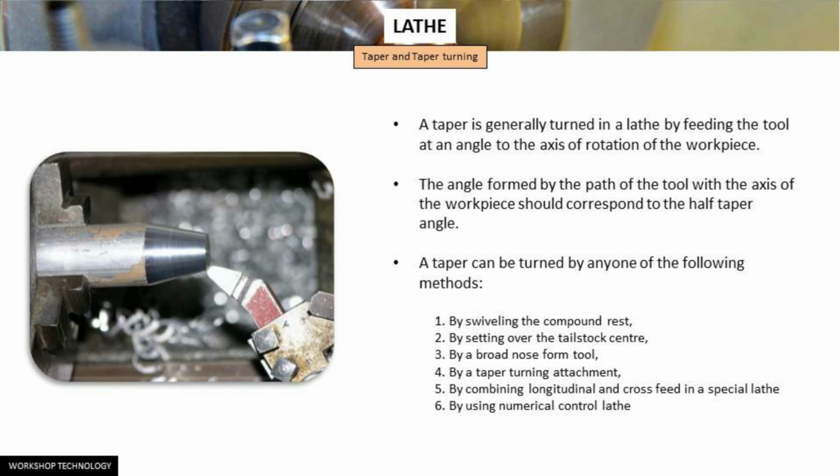Fifth, by combining longitudinal and cross feed in a special lathe. And sixth, by using a numerical control lathe or CNC lathe. The scope of this particular course is limited only to the method corresponding to the compound rest.